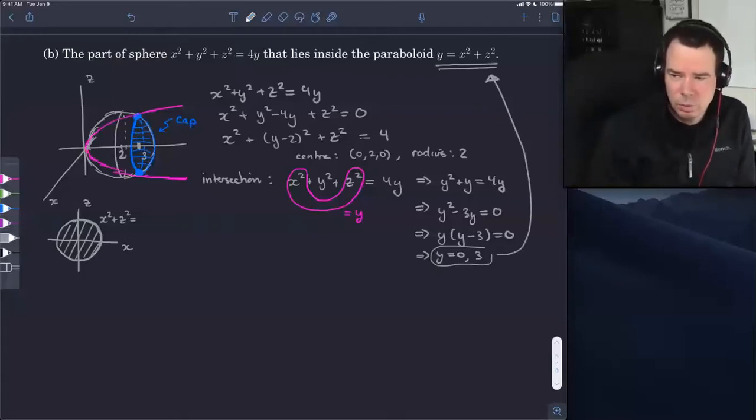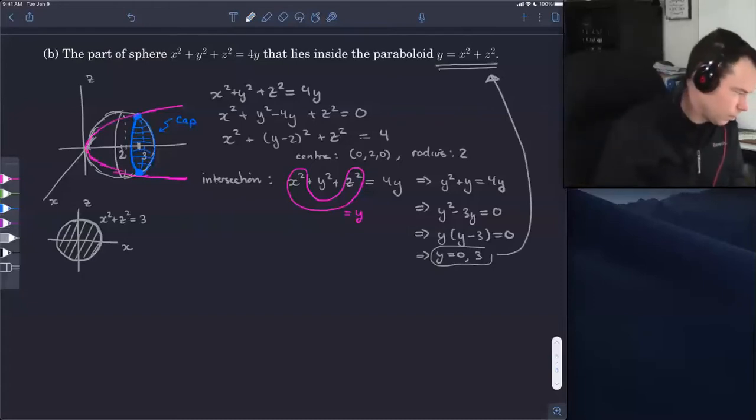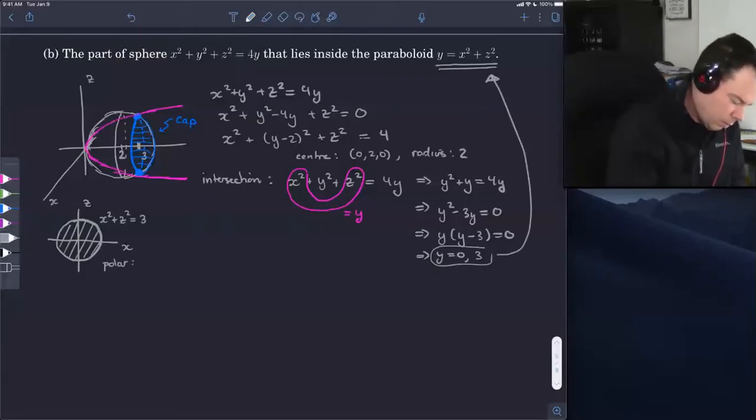So this is x squared plus z squared is equal to 3. And so we can go to polar coordinates again. Our r value is going to sweep out from 0 to root 3, and our theta value is going to go from 0 to 2 pi.